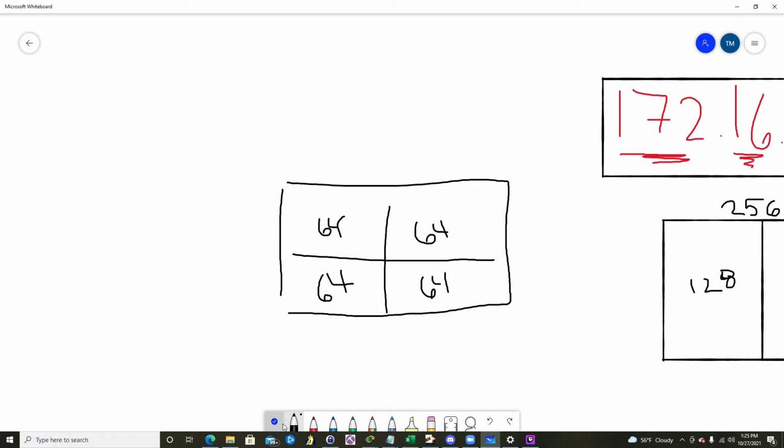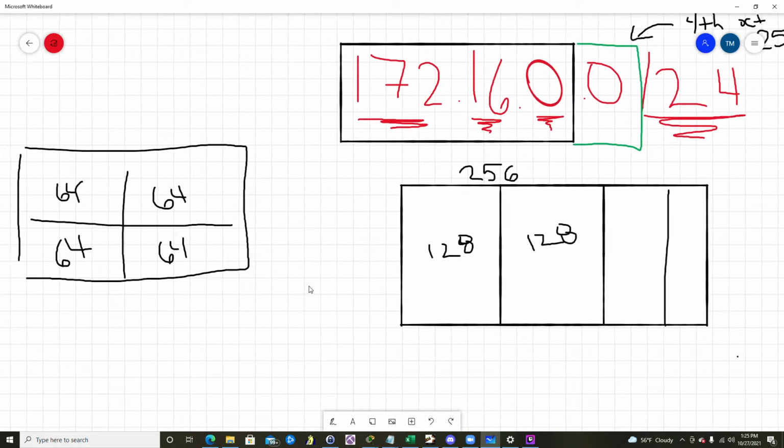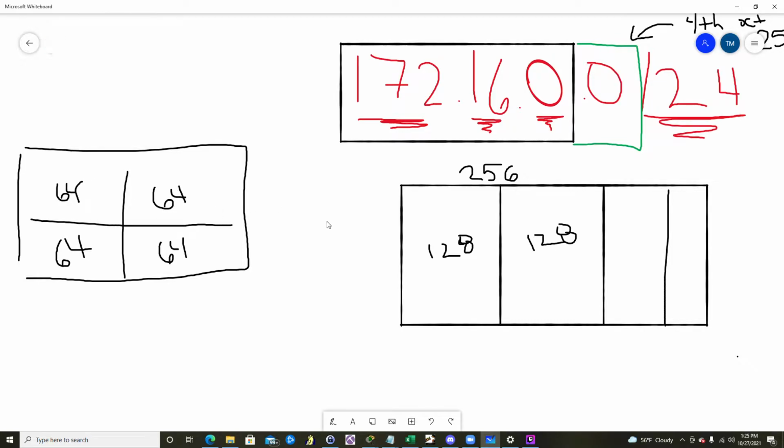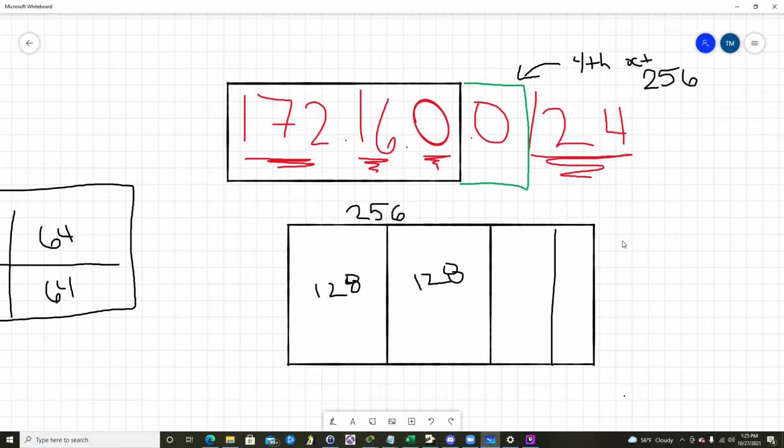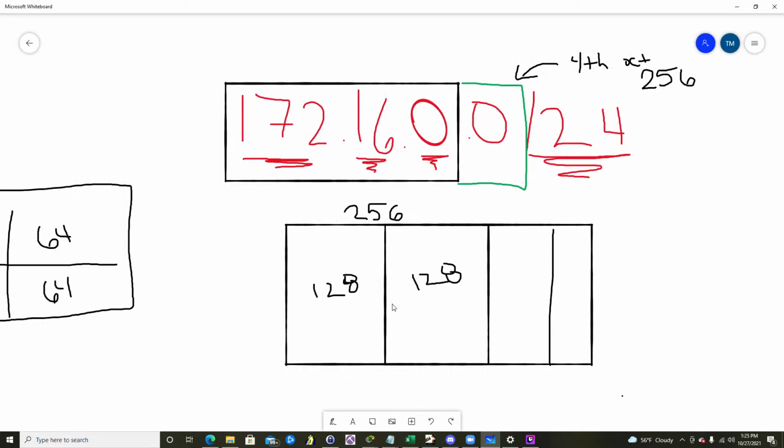Each of these is a different way that I can do it, and I could divide it into 8 blocks of 32 and so on and so forth. With subnetting, we can divide it up into different even sections as well. We could do a block of 128 and then 2 blocks of 64. That's what we're doing when we're subnetting: taking this initial starting point of 256 and dividing it out.